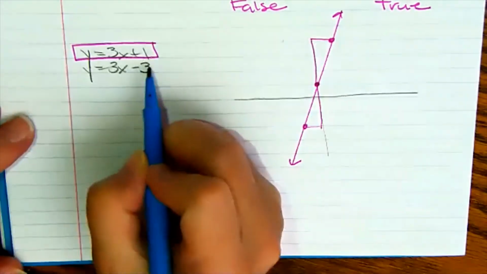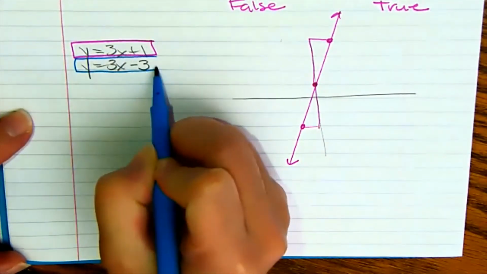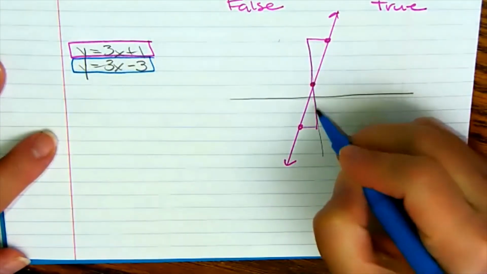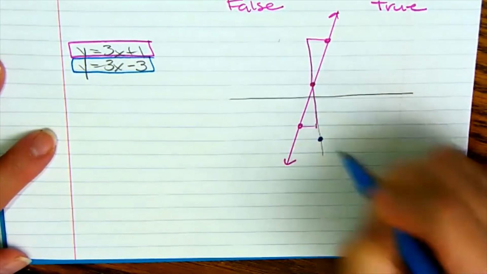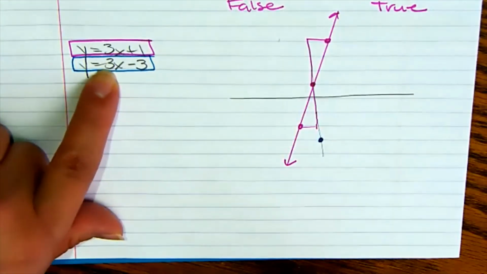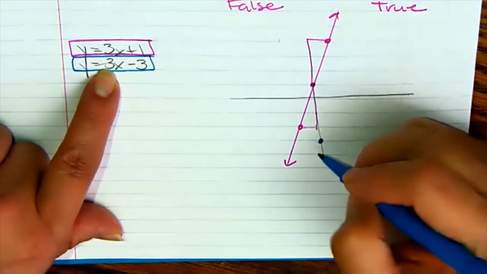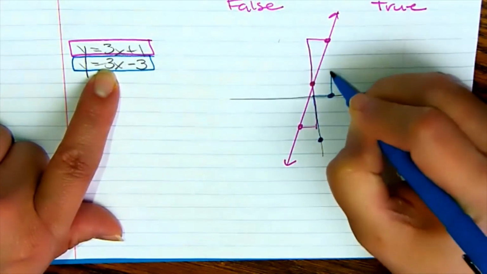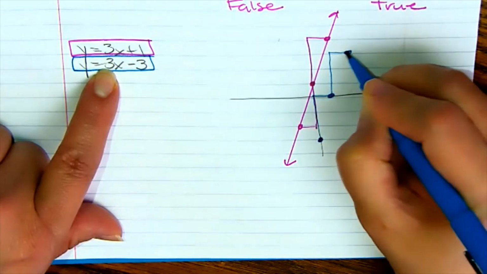Now, let's graph our second equation. My y-intercept is -3. My slope is positive. It's going to go up. I'm going to go up 3 over 1. Up 3 over 1. Up 3 over 1.